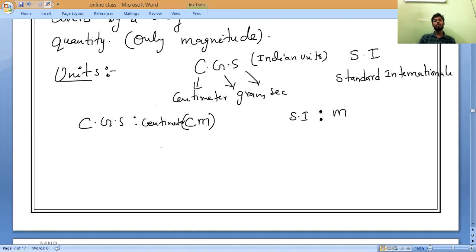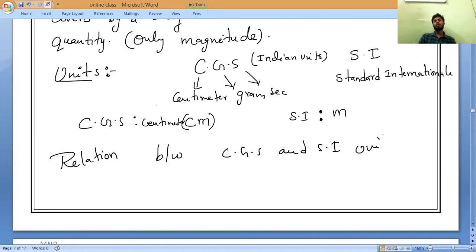Clear, everybody? Now, the relation between CGS and SI unit.